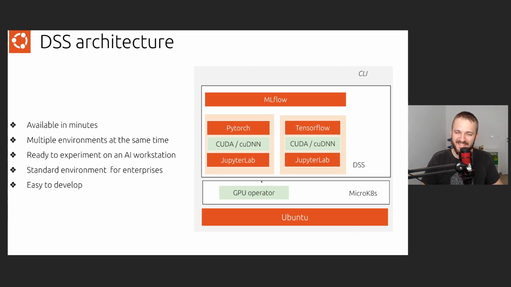Then Data Science Stack itself consists of two main parts. First is MLflow, and the other part is the Data Science Stack notebooks. I will call them notebooks, but in reality those are JupyterLab servers where you can create notebooks, but we call them notebooks. They allow you to create and run Python-based machine learning workflows from inside.